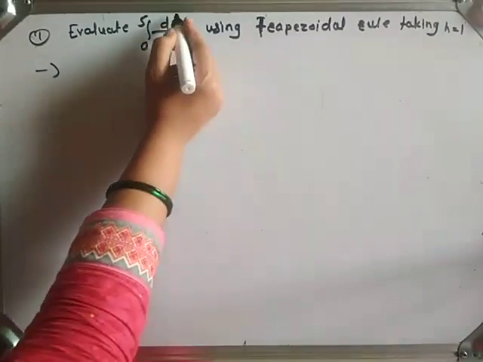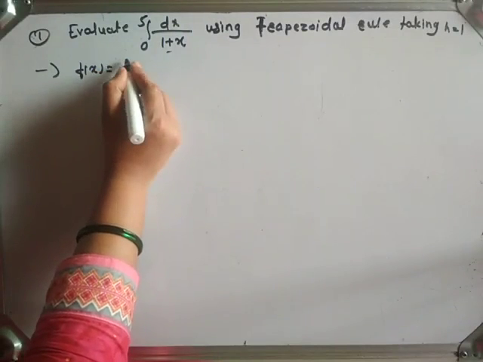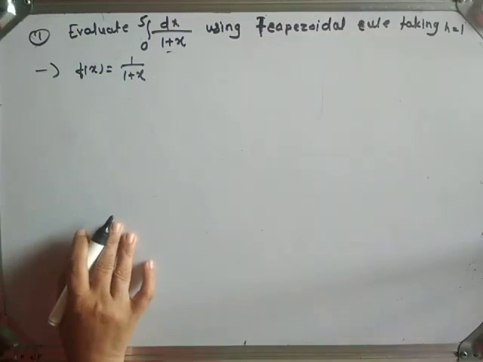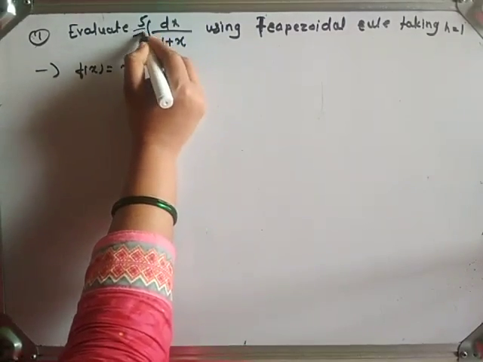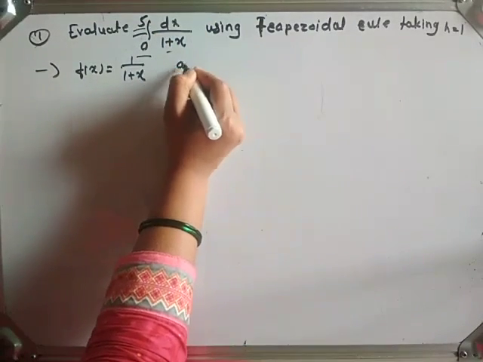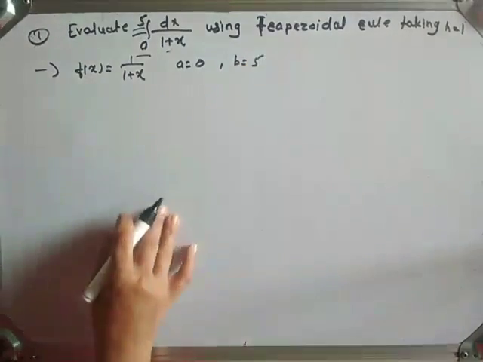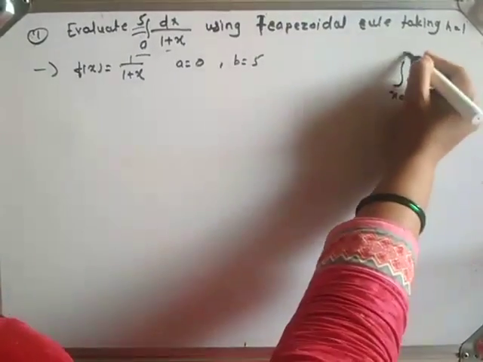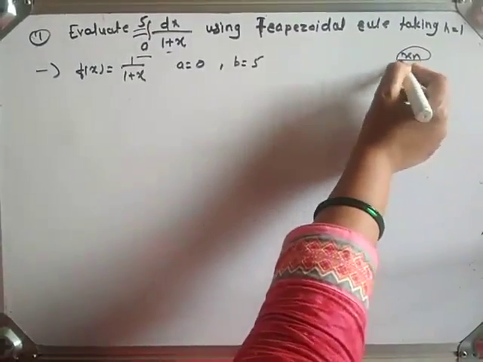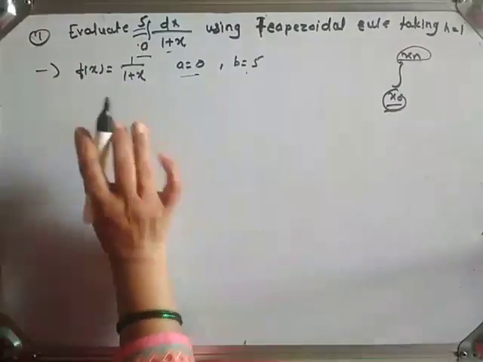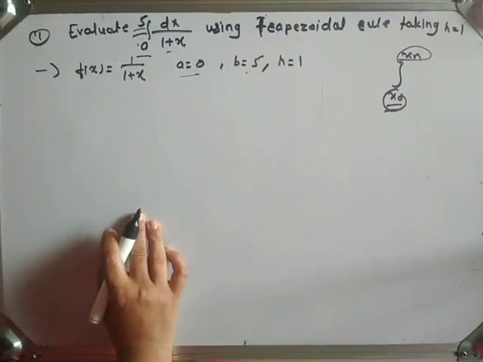Students, see here, you have been given f of x equals 1 upon 1 plus x. The interval is 0 to 5, so here a is 0 and b is 5. In the formulas you have seen the integral from x0 to xn, so here a equals x0 and b equals xn. Here a equals 0, b equals 5, and h equals 1 is already given.